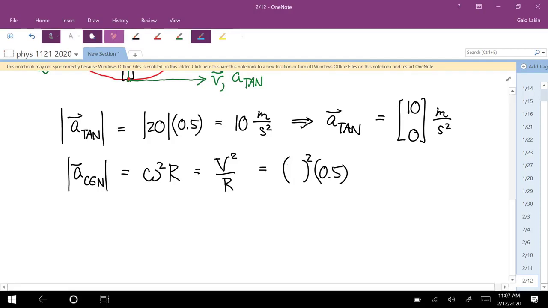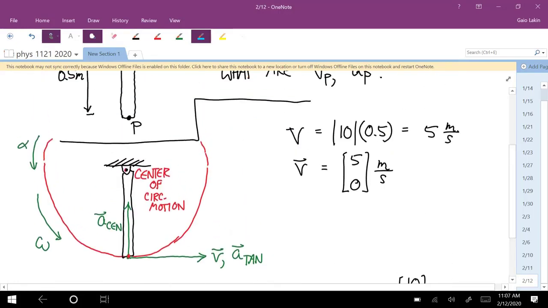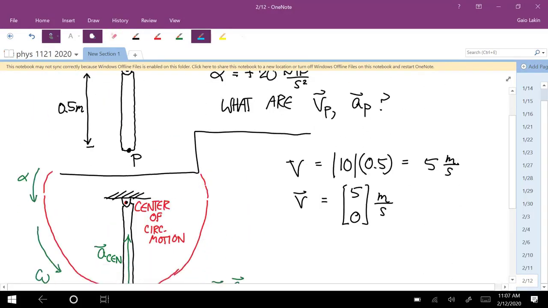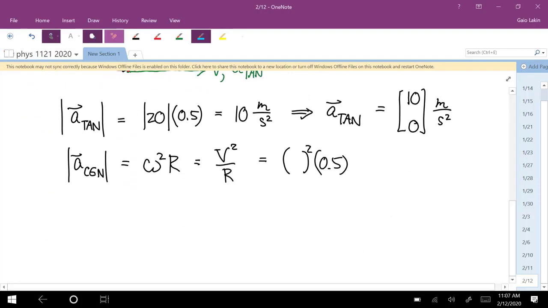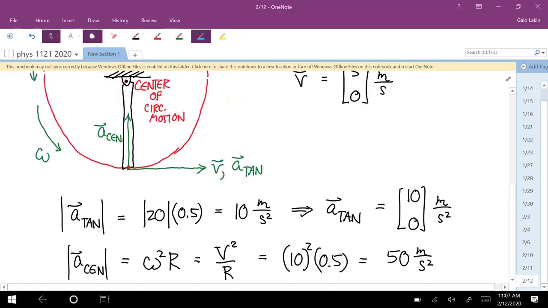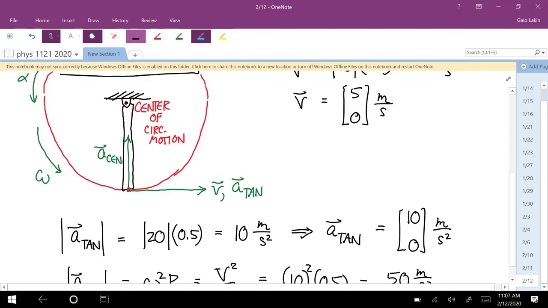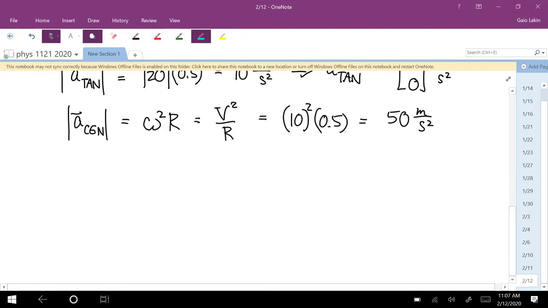The angular velocity is 10 radians per second. So square that, multiply by the radius. And so you get 50 meters per second squared. The centripetal acceleration is in the positive y direction. So as a vector, the centripetal acceleration is 0, positive 50.